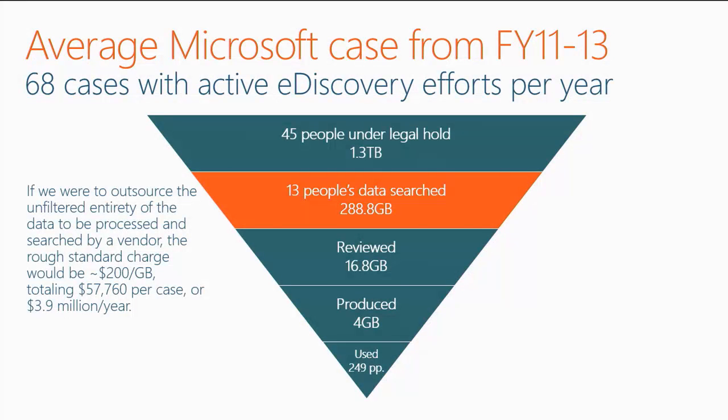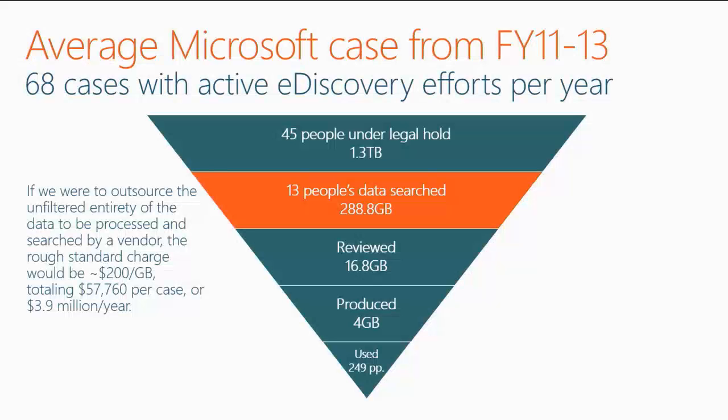They charge us a rack rate of about $200 per gigabyte just to do that, right? So we take 100% of our custodians' data, hand that over the firewall, incur a $200 per gigabyte charge on all 288.8 gigs. So we're talking about just shy of $60,000 in processing charges per case. Processing charges alone. This has nothing to do with the review charges that we're going to see later or the production charges.